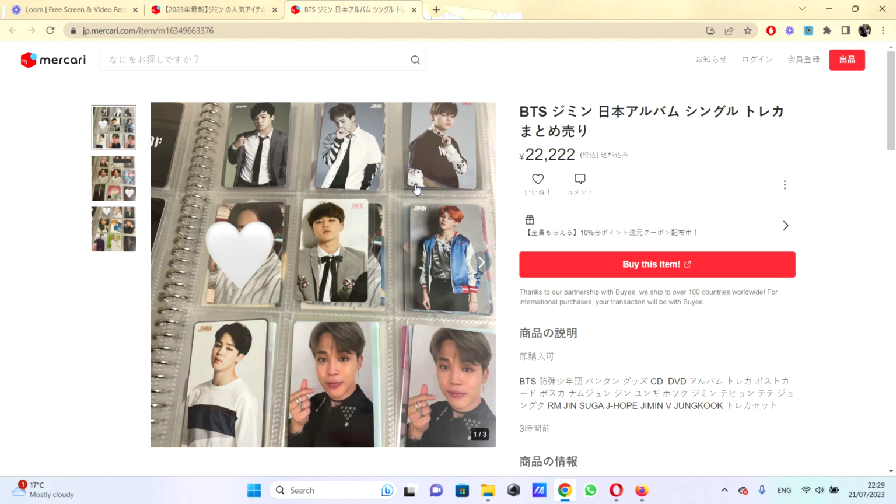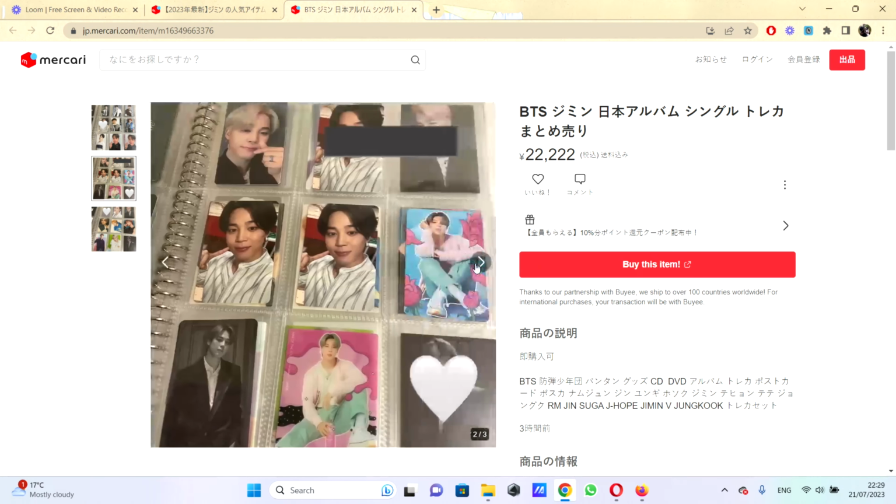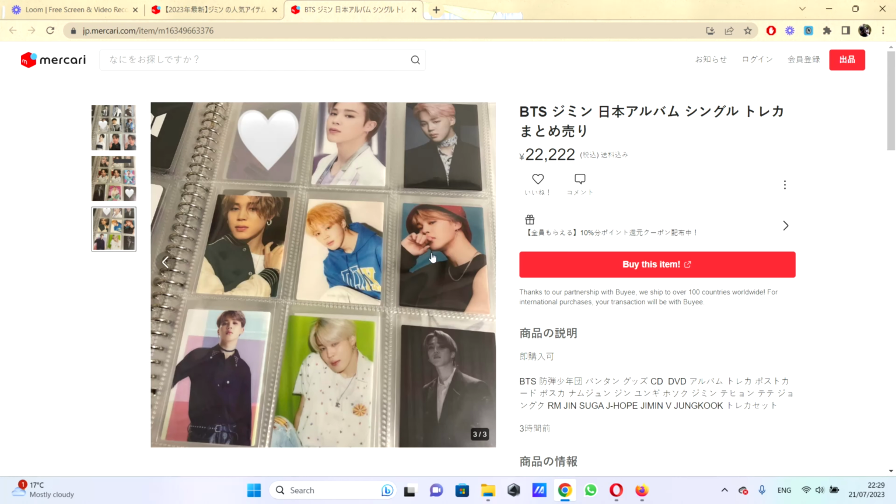Some cards might be less, but just for simplicity's sake, let's imagine that. So this is 80, 90, 100, and so on up to 230 or something like that. I might have been off a little bit, but let's imagine this is 230, and this one is 220. So then, if you are interested in Jimin's Japanese trading cards, this would be worth it.